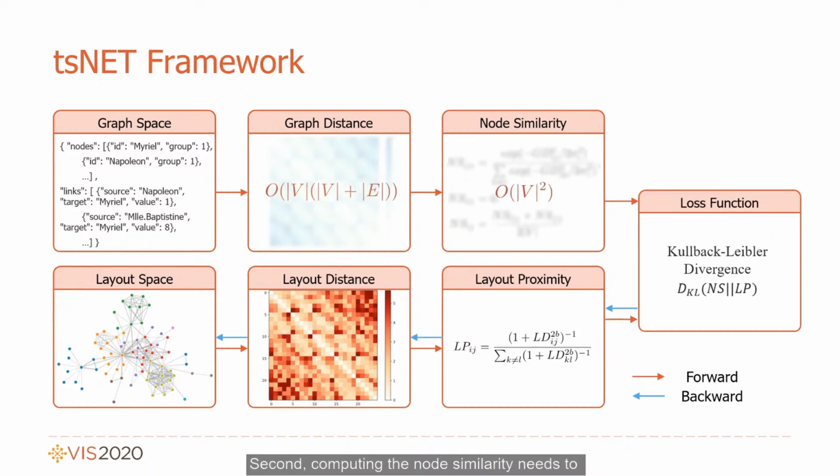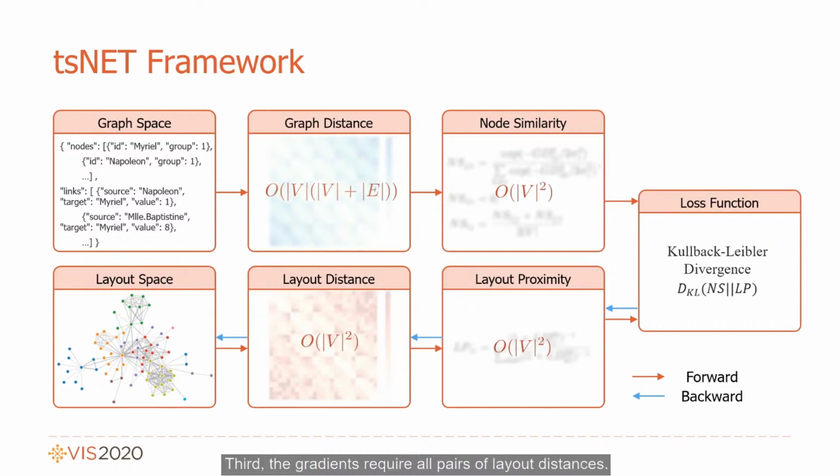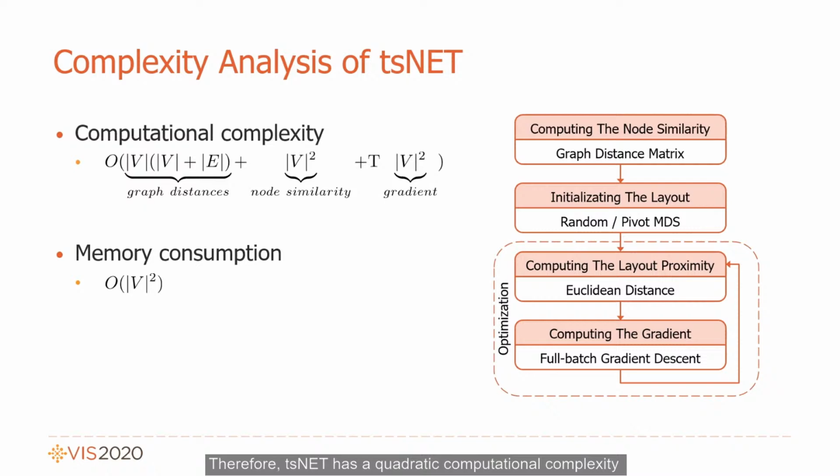Second, computing the node similarity needs to sum over all graph distances. Third, the gradient requires all pairs of layout distances. Therefore, tsNET has a quadratic computational complexity and needs quadratic memory consumption to store pairwise node similarities.